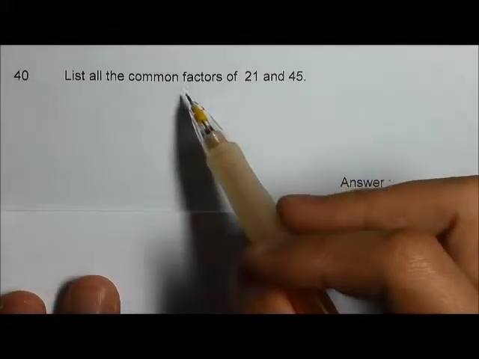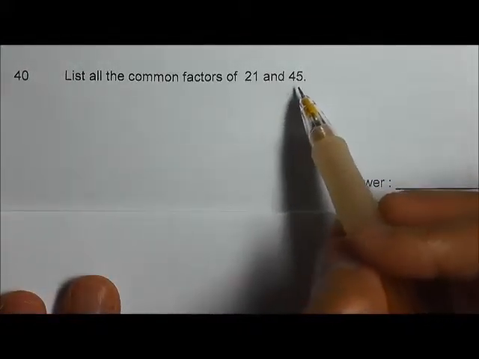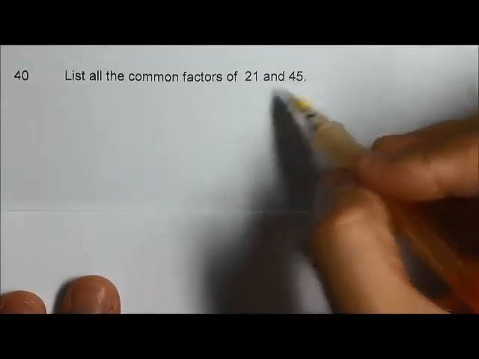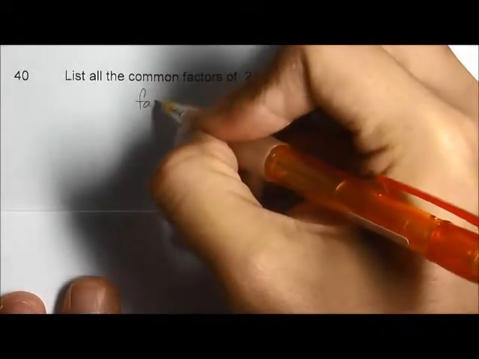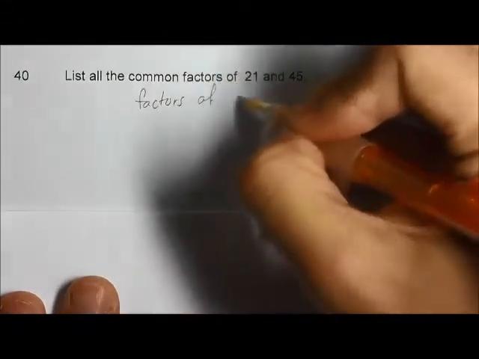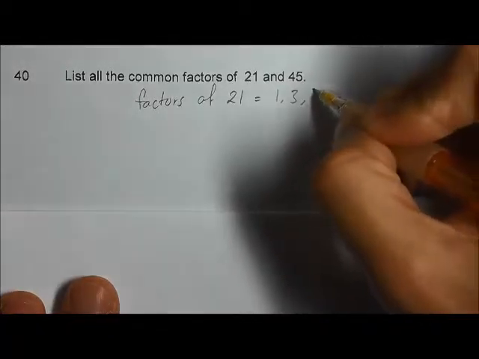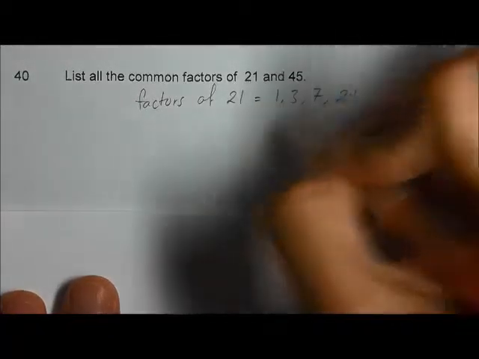Okay, in order to find the common factors of 21 and 45, we have to first list out the factors of both numbers. Factors of 21 are 1, 3, 7, and 21.